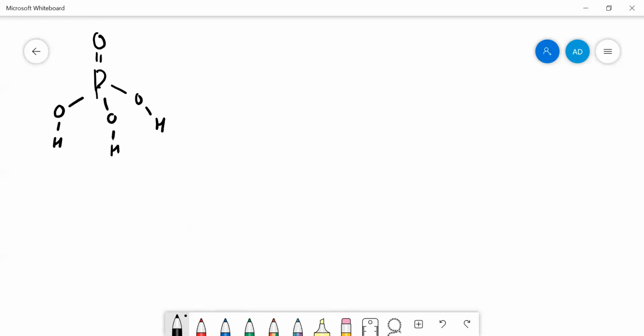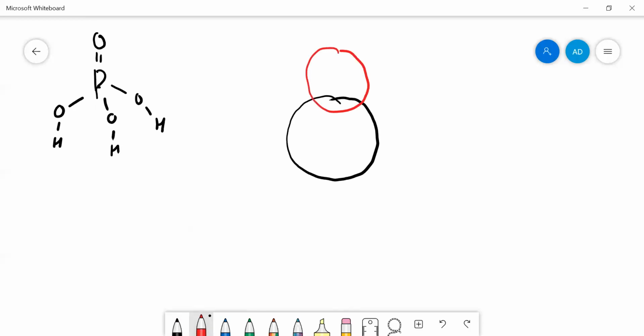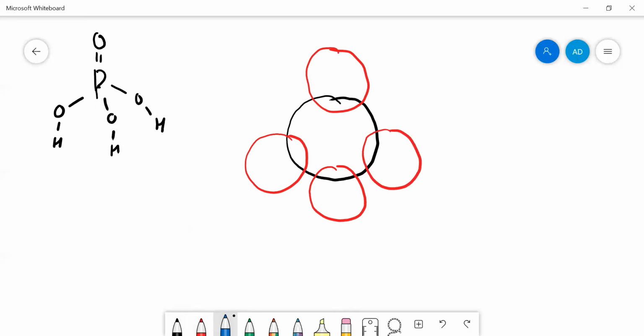And let's just draw a dot cross diagram for that then. So there's our phosphorus here. Oxygen will do in red again. And our hydrogens in blue.